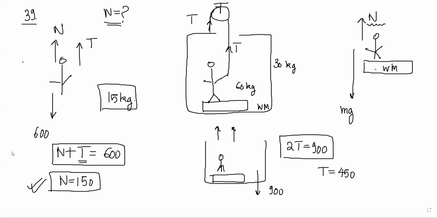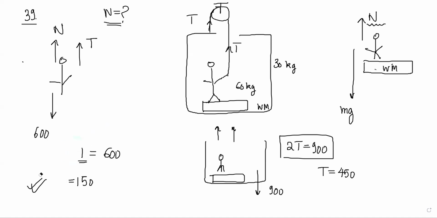So he has to now pull with a force such a way that he accelerates the whole system, right? If he pulls hard enough, the acceleration will be upward for the whole system, right? So let's say acceleration is A.